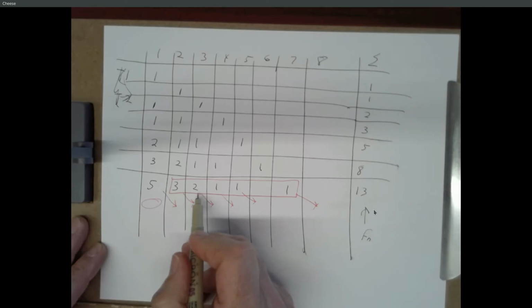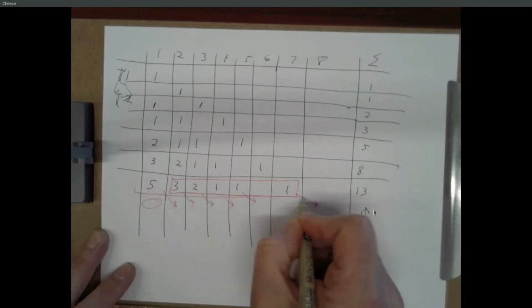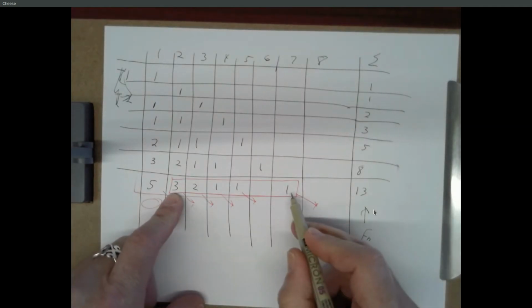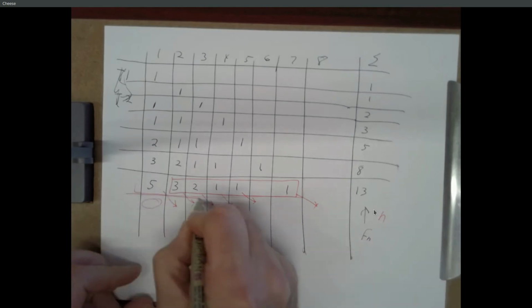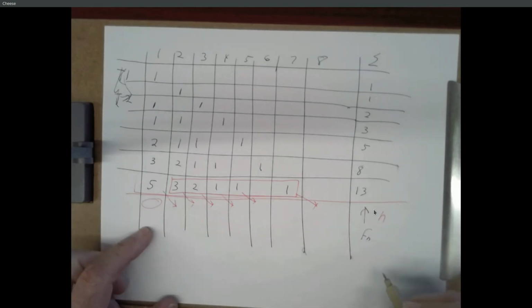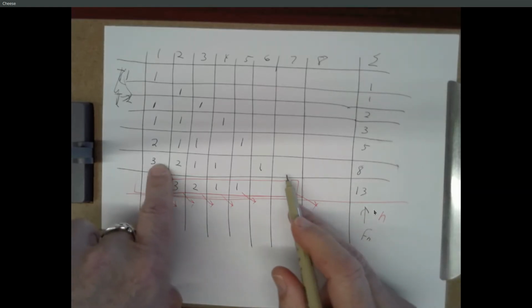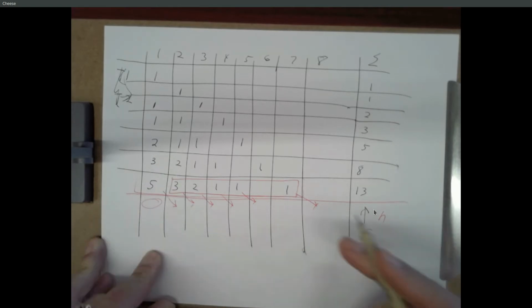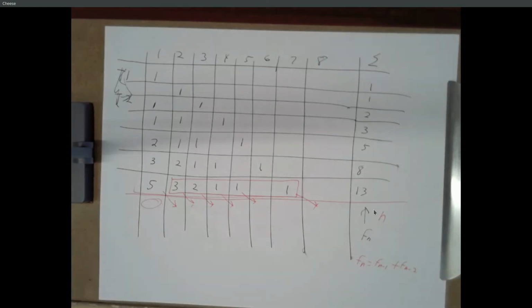So in the next generation, we have the original population plus another count of whatever the prior generation was. So if this is generation N that we're looking at down here, the total population is going to be the population at the previous step plus the population at the step before that. So the population at step N is the sum of the two previous populations. And that's your Fibonacci relation.